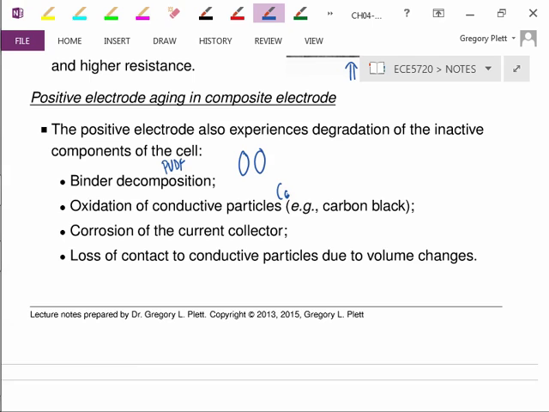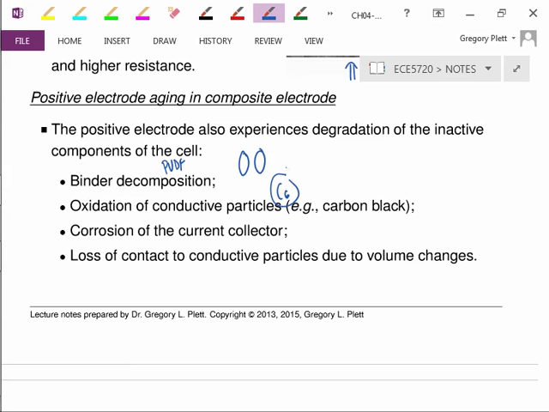The positive electrode materials tend to have very poor electronic conductivity, so we add some additives to allow the electrons to move. But if this carbon black that's added chemically decomposes, the electrons can't move as freely any longer, and I have higher resistance.